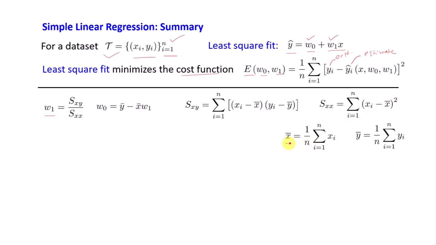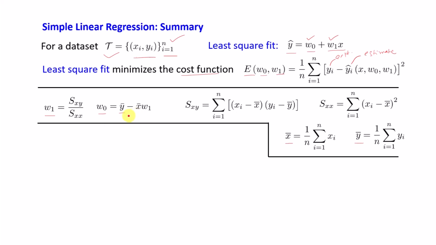Here x bar and y bar are the averages of x and y respectively. Once we get w1, we can find w0 very easily from y bar minus x bar multiplied by w1.